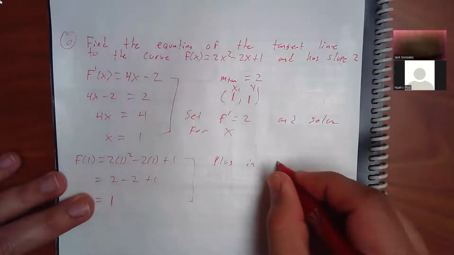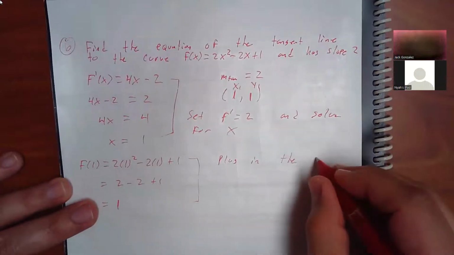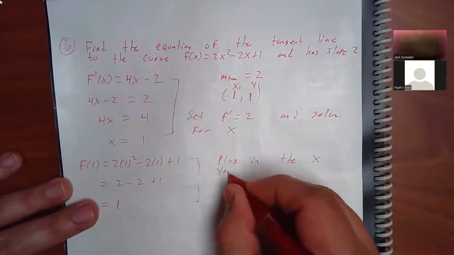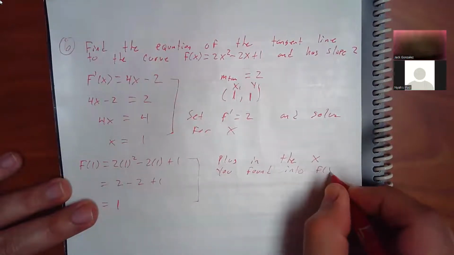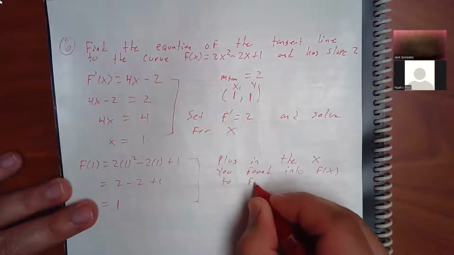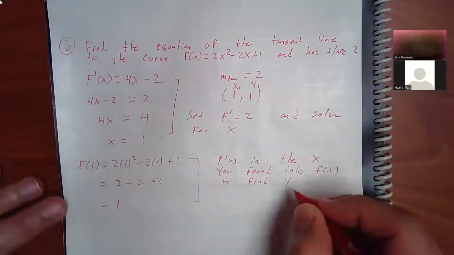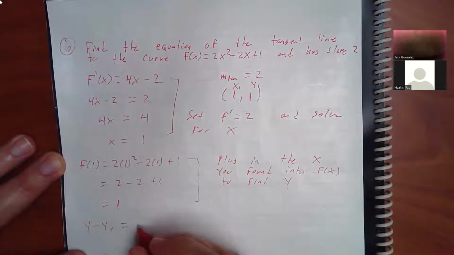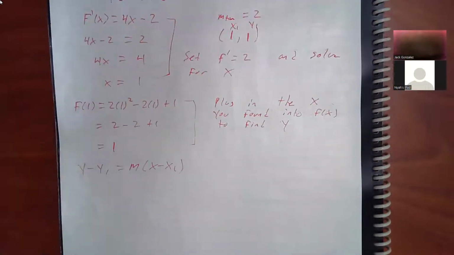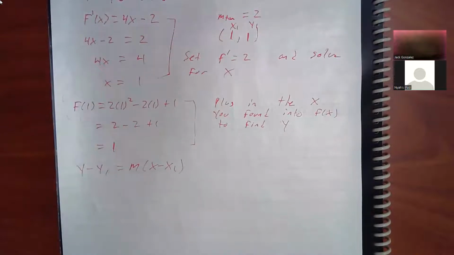So again, plug the x you found into f. So find y. Now we just find the equation by using this formula, like we did earlier. Plug in the m, plug in the x and y.